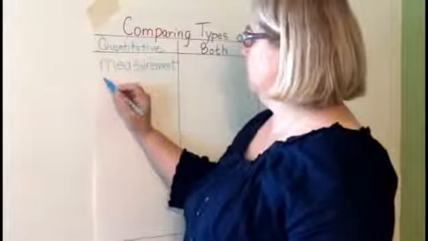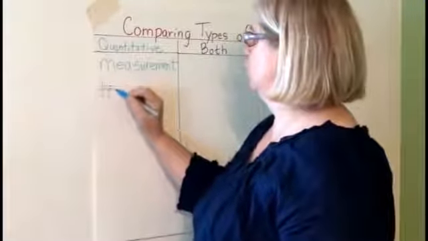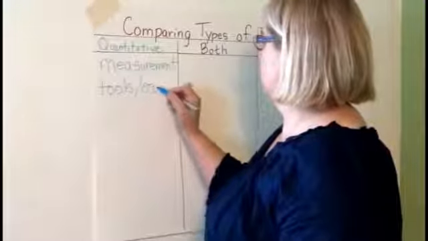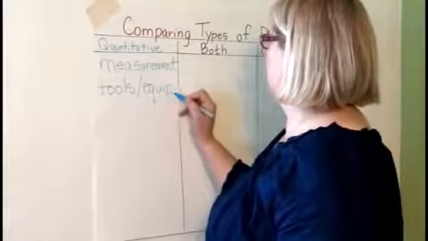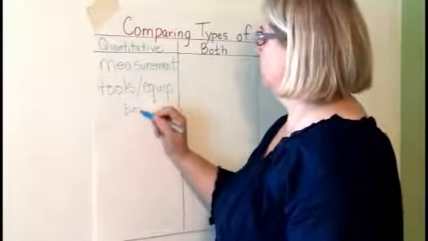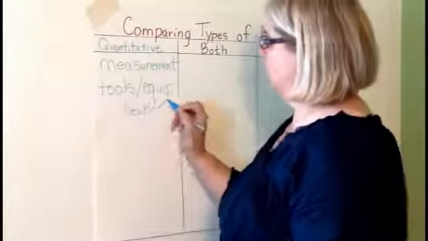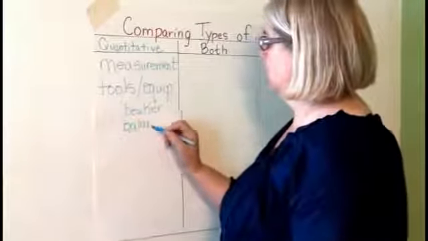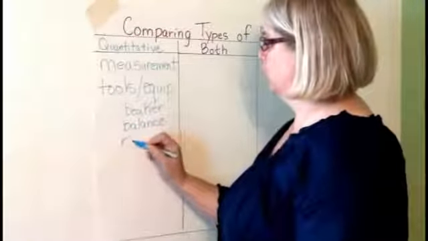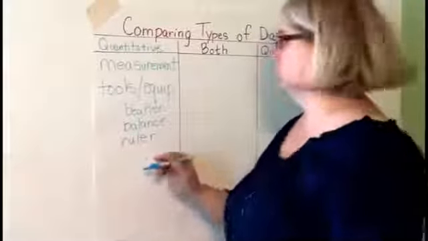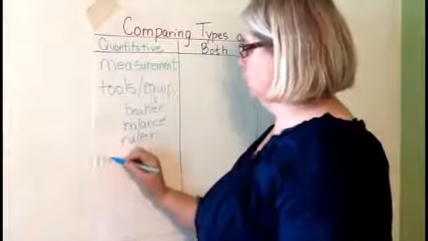So we're measuring things using tools. And I'm going to abbreviate equipment. Might be something like a beaker or a balance, or a ruler. Okay, this is mathematical. It's numbers.